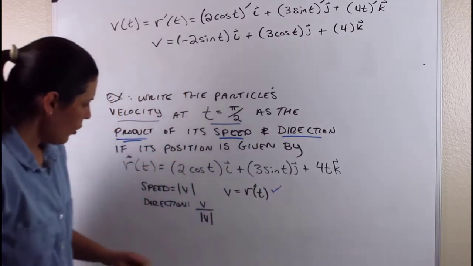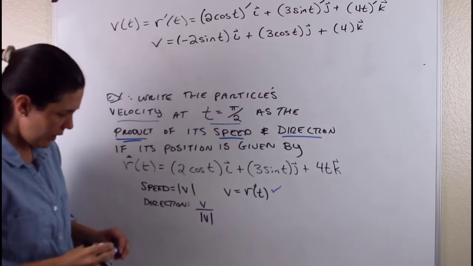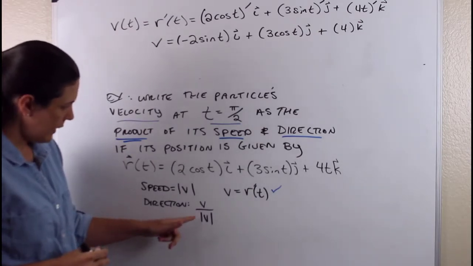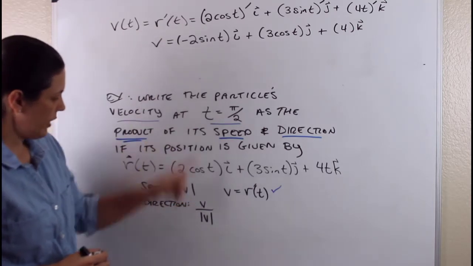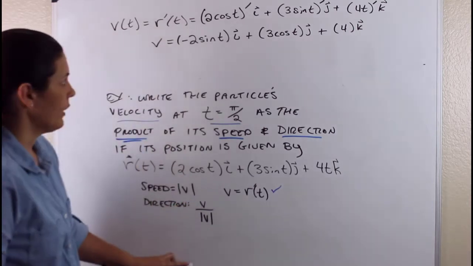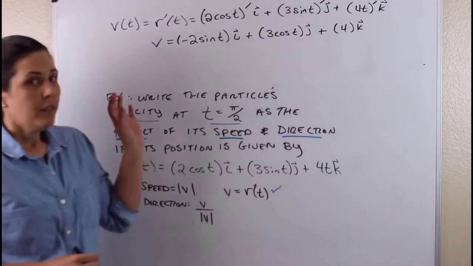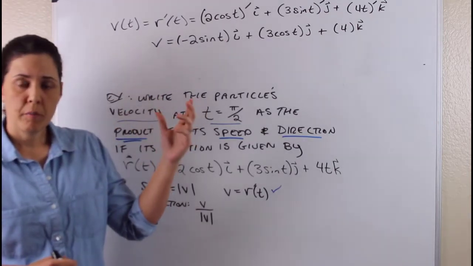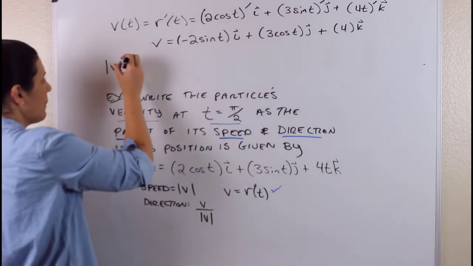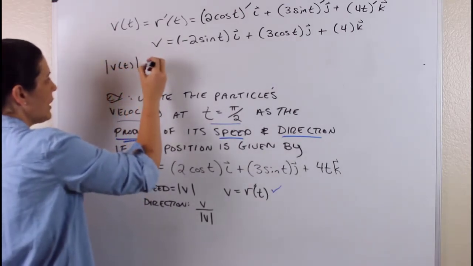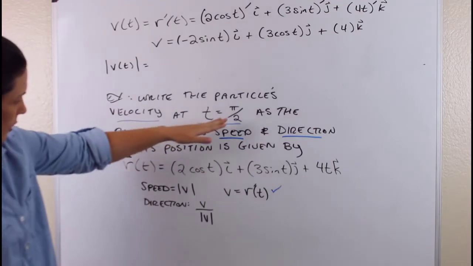Now we need to find the magnitude at this t value, and then also divide the vector we just found by its magnitude. We'll find the formula first for magnitude, and then plug in the number. So the magnitude of v of t, I'm keeping t until a couple of steps later.